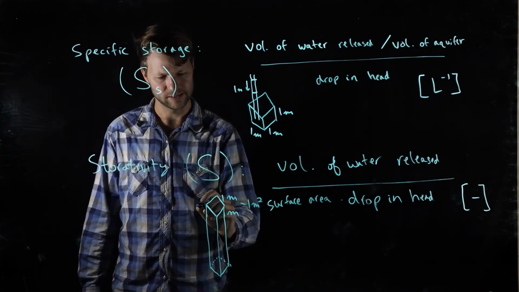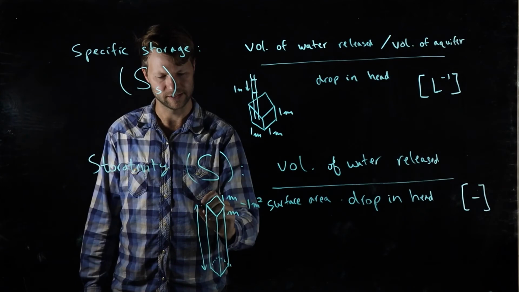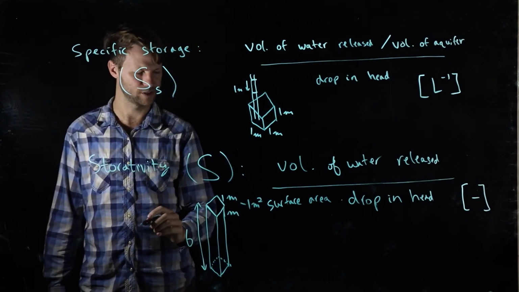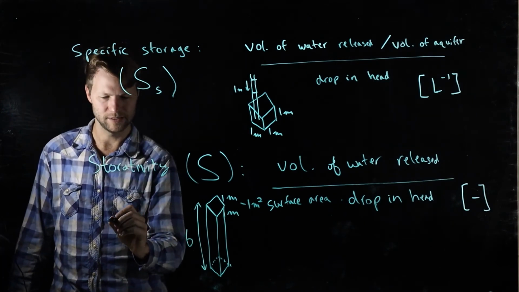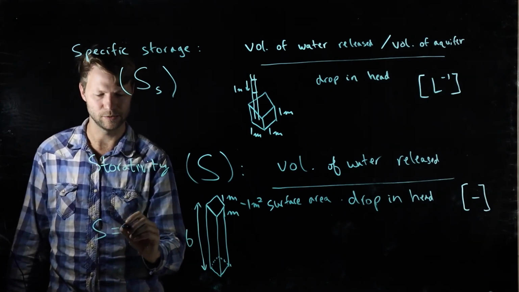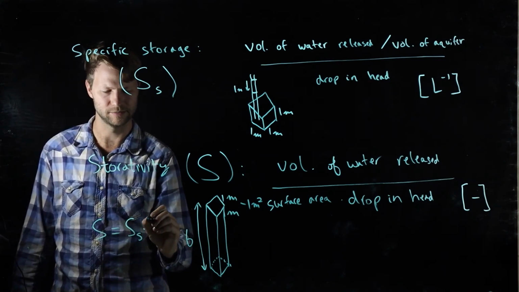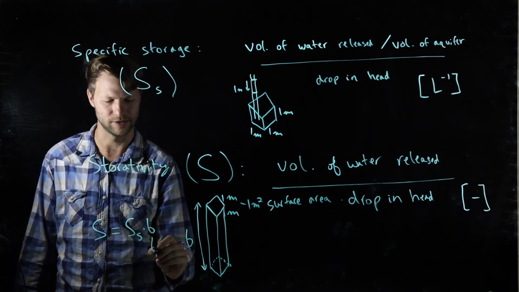And if we were to say that the saturated thickness of this thing is B, the relationship between specific storage and storativity is going to be that the storativity is equal to the specific storage times the saturated thickness of the aquifer.